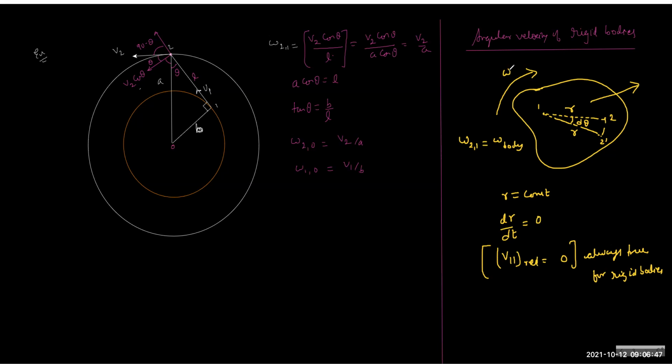So omega of a rigid body is uniquely defined. But to define omega, you can choose any 2 points. So that's a good thing. You need not worry about the body as a whole. So you stick to the 2-point concept. You choose 2 points, find the omega, and that will be your answer.